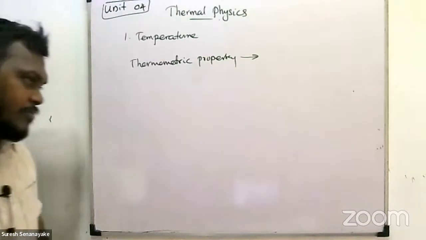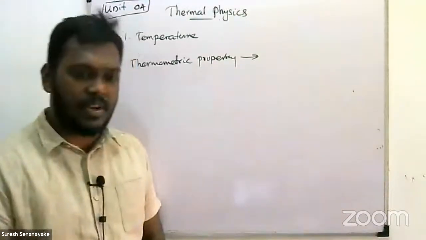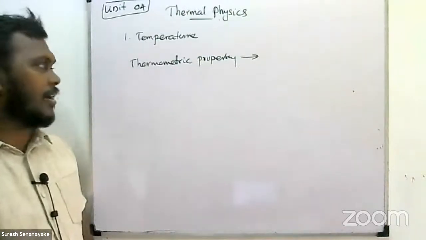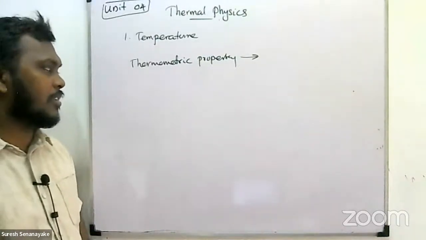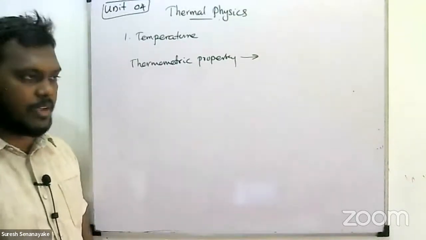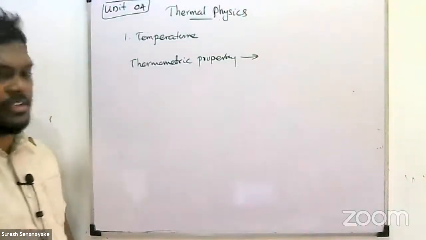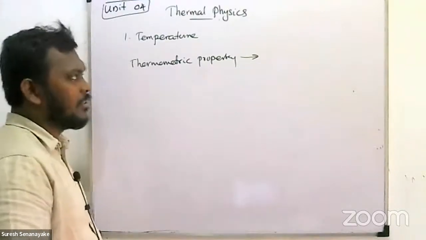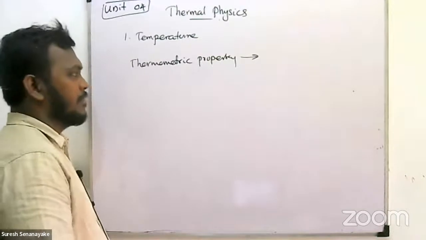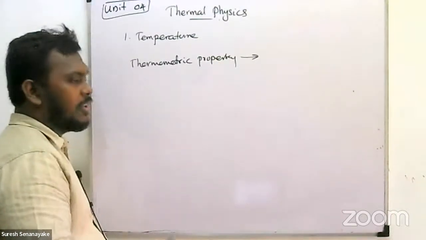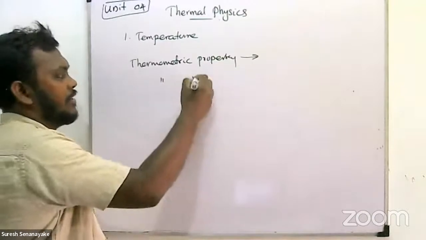And the pressure of a gas, the volume of a liquid. Those properties are called thermometric properties. Also electromotive force, from the Seebeck effect, can change due to a temperature difference, right? The materials having these properties we call thermometric materials.